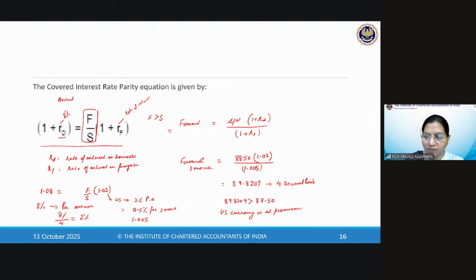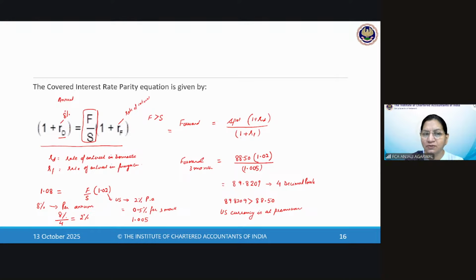We have also discussed the difference between the bid and ask, how to calculate the spread between the bid and ask, the percentage spread, and which currency is at premium and which is at discount. We also checked that a currency at a premium of 2% does not exactly mean the other currency is at a discount of 2%.